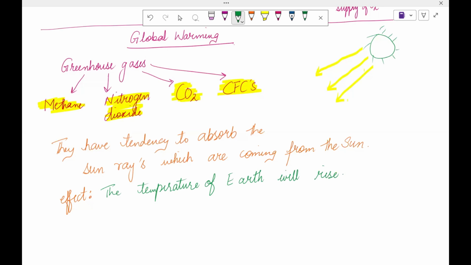Because of that, the earth has now become 0.5 degrees Celsius warmer than it was 100 years ago. So now it has become warmer.